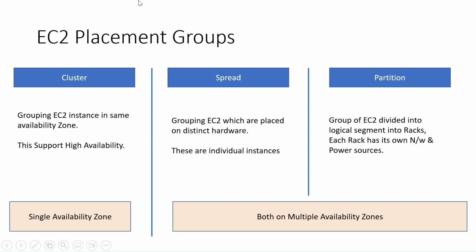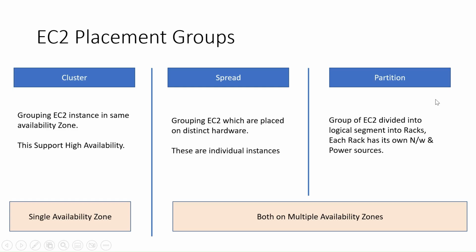Then spread is a group of EC2 instances which are placed on distinct hardware. It might be possible that one hardware can have more than one EC2 instance, but the EC2 instances which are located on different hardware, that kind of group is known as spread. Then we have partition.